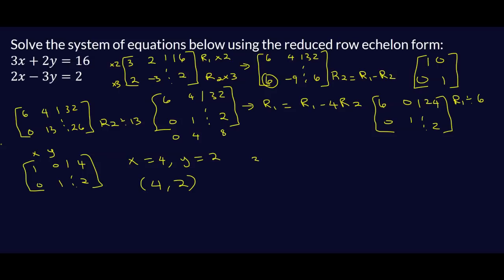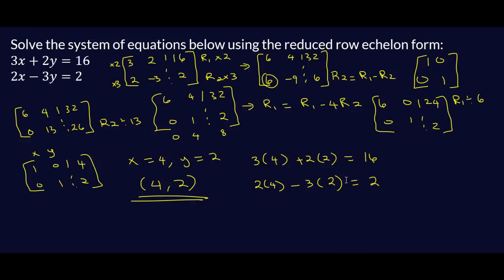So this is 3x plus 2y, 12 plus 4, 16. And then we have 2x minus 3y. So this is going to be 8 minus 6, which is 2. So this simply verifies that the solution to the system is the point 4, 2, where x equal to 4 and y equal to 2.